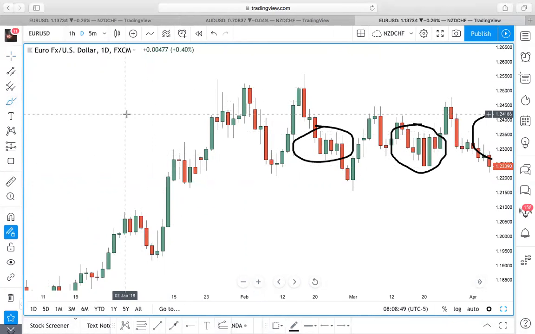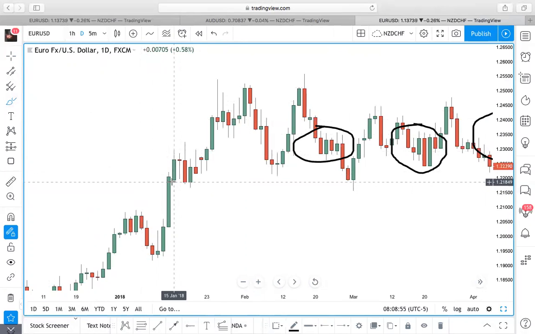Right here, you have your low and your high, and this one here is an inside bar, and it's smaller than that one, basically.